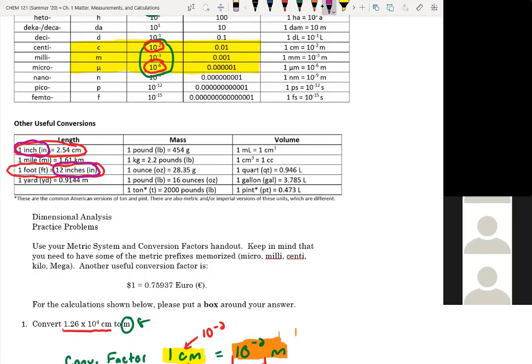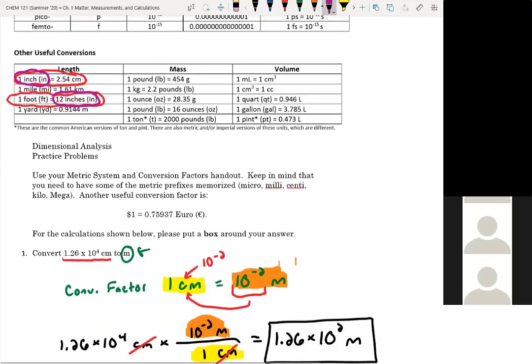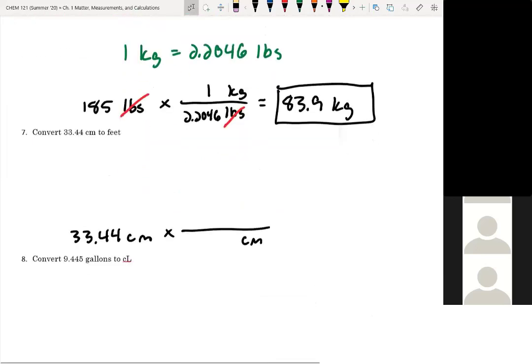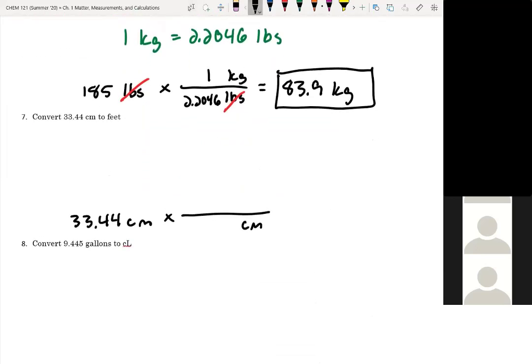So this one's a little bit trickier. So we know 1 inch is 2.54 centimeters and 1 foot is 12 inches. So let's go ahead and write out these. So 1 inch equals 2.54 centimeters. That's 1. And then we said 1 foot equals 12 inches.